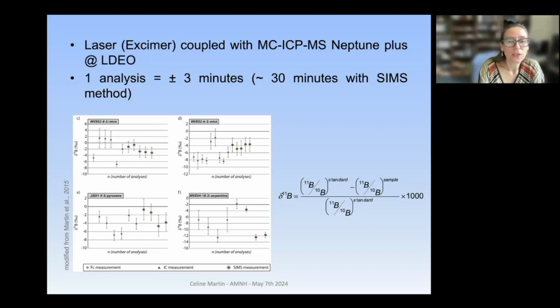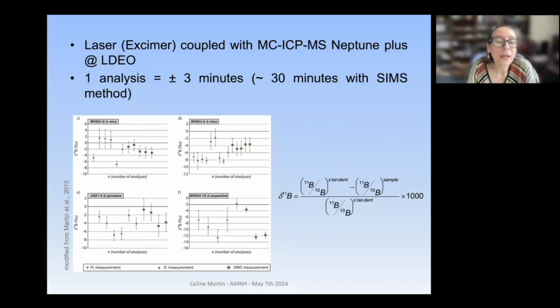And so it's what you see here on the graphic. You have the SIMS measurements that are the little stars, and the diamonds and triangles that are laser ablation coupled with the multi-collector in different kinds of samples, in minerals I should say: in micas, in pyroxene, and in serpentine.